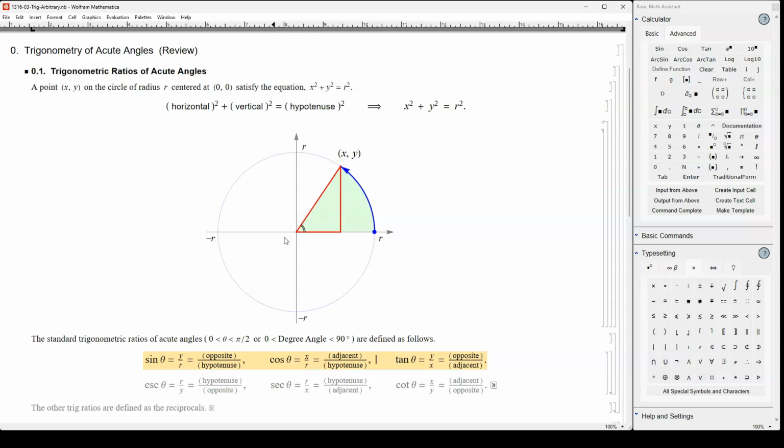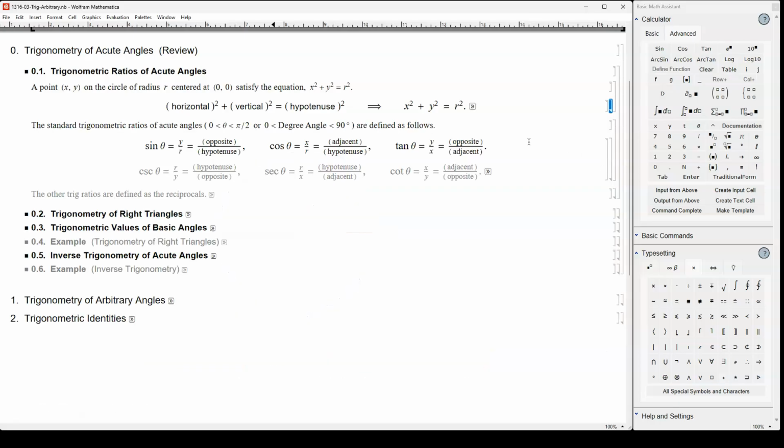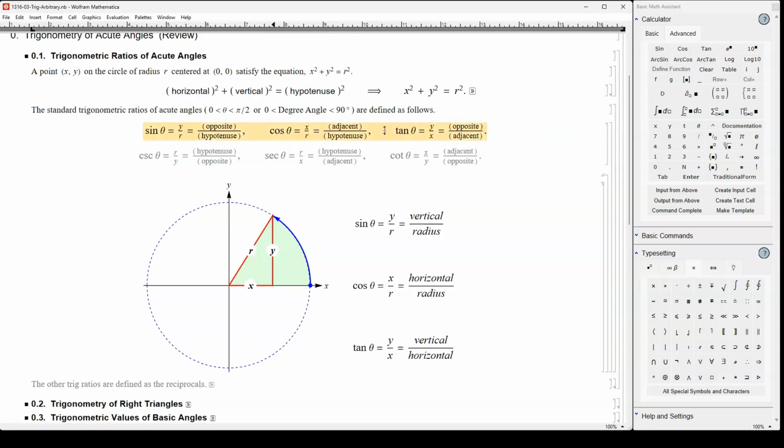But if it is positioned like this strategically, then that allows us to re-express these like these. Sine as vertical over radius, cosine as horizontal over radius, and tangent as vertical over horizontal.